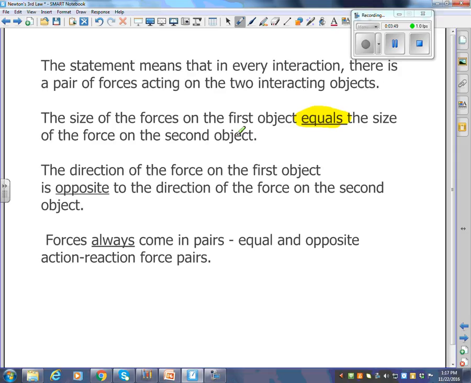If one's 50, the other one's 50. The direction of the force on the first object is opposite to the direction of the force on the second object. Forces always come in pairs, equal and opposite action-reaction force pairs. Okay. Do you believe it? Yeah? Can you apply it?